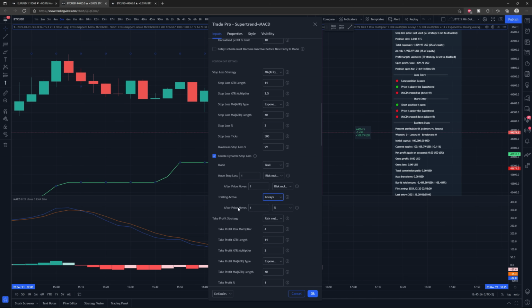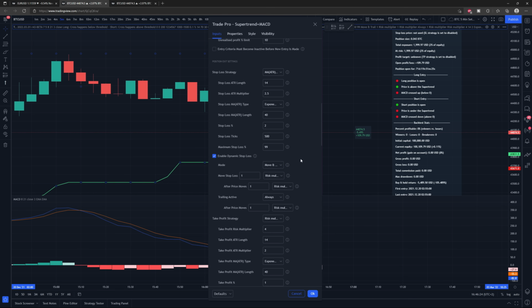So if you say after price moves 1%, then start trailing based on the parameter chosen up here, or once it moves 1 times the risk, then start trailing the stop loss. So there's just so many different options here. And you can also choose to have it both move and trail, so the stop loss will be changed by both the moving and the trailing mechanisms that you have selected here.